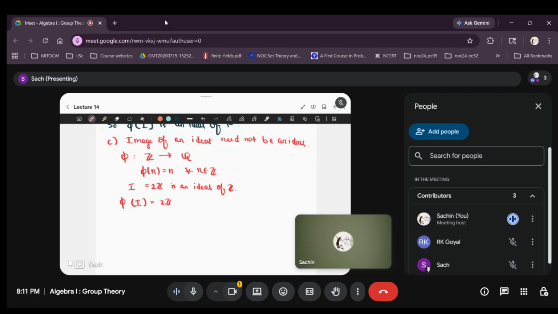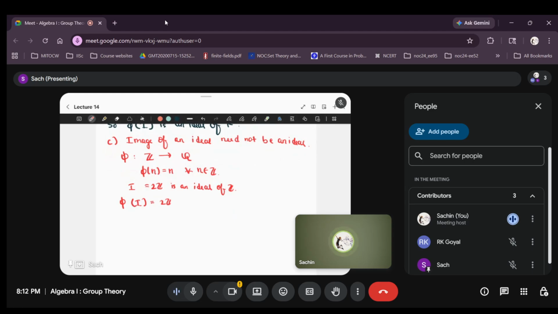Is this an ideal of the rational numbers? No. For example, 2 is an element of phi of I, half is an element of Q, and half times 2 is 1, which is not an element of 2Z. So 2Z is not an ideal of Q.